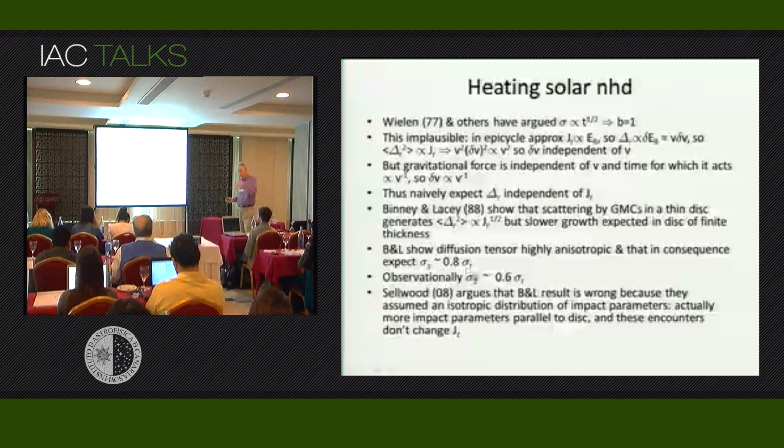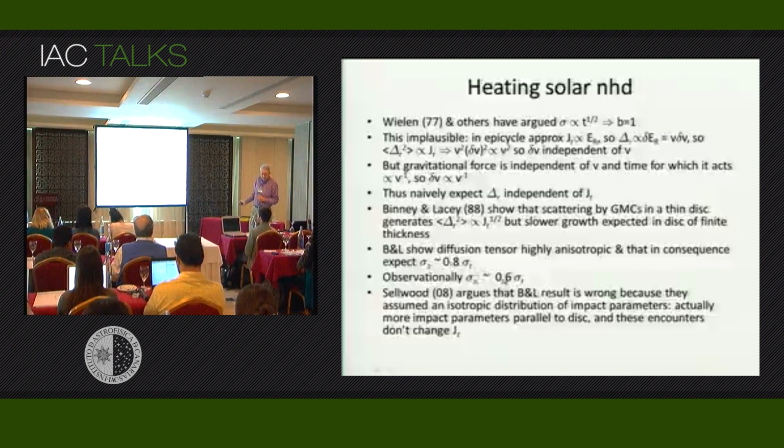And the consequence of this is that we argued that the velocity dispersion in equilibrium in the z direction would be 0.8 times the velocity dispersion in the radial direction. The stars would diffuse in such a way that these two velocity dispersions weren't equal, but the z one was 0.8 times the radial one.